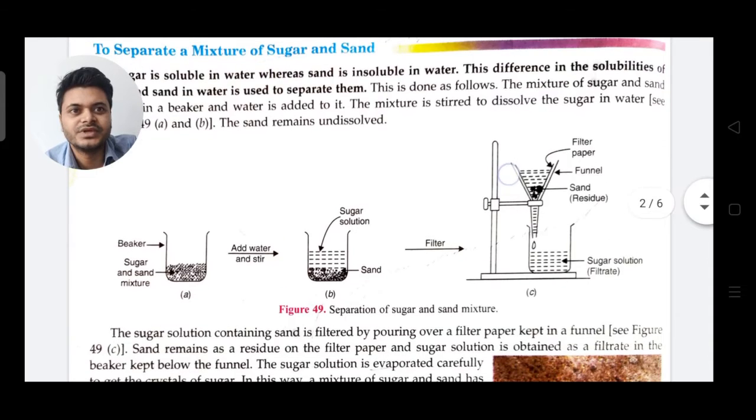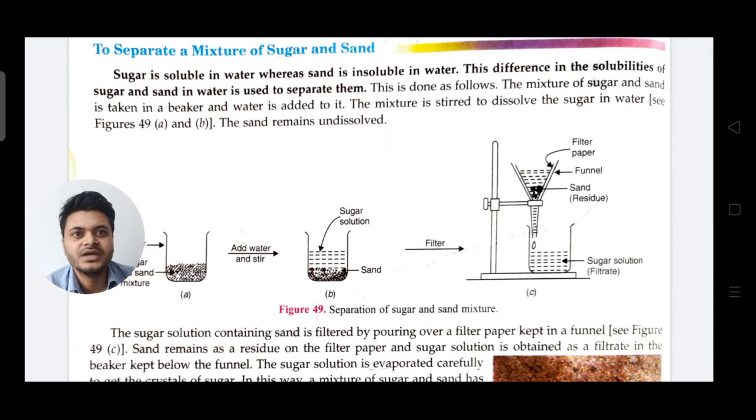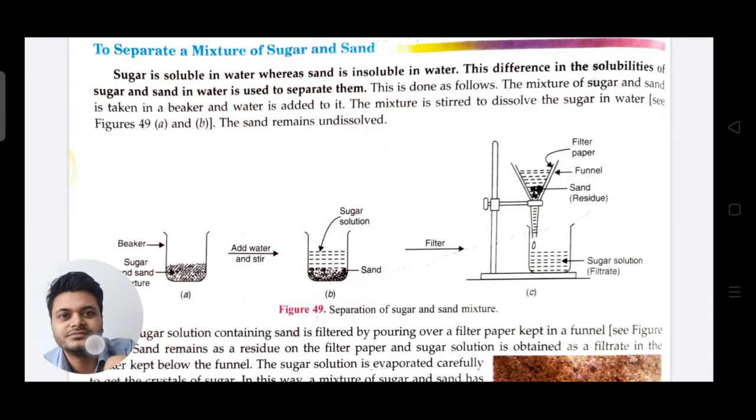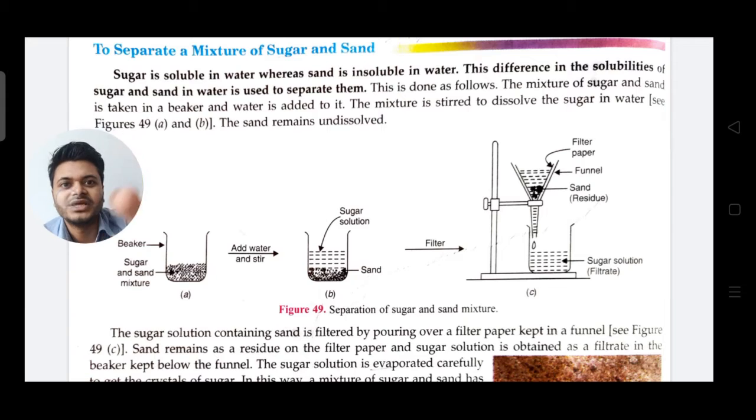You can see in the figure how you can separate a mixture of sugar and sand. The difference in the solubilities of sugar and sand in water is used to separate them.